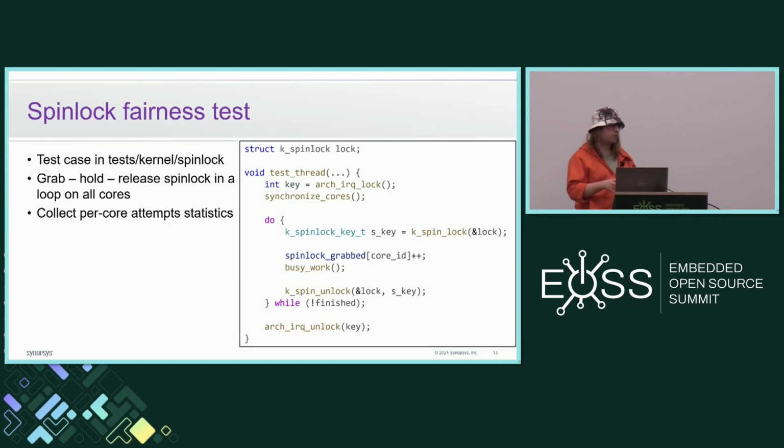We need to hold it for some time because we need to simulate the situation when multiple cores are pending for this spinlock in a loop. And we also collect per-core statistics of the number of times the spinlock was acquired on exactly this core, just to be able to judge whether everything is going okay or not.